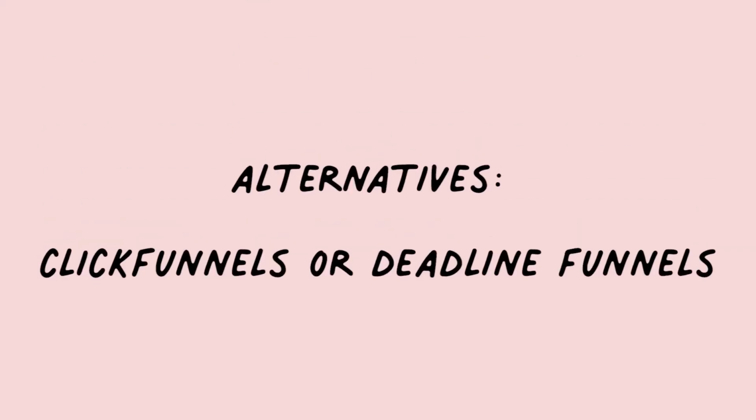If we have private offers that are only offered to people on our email list, we're usually using something like Thrive Ultimatum. Now, that's something we use. If you don't use WordPress, an alternative might be something like ClickFunnels or Deadline Funnels.